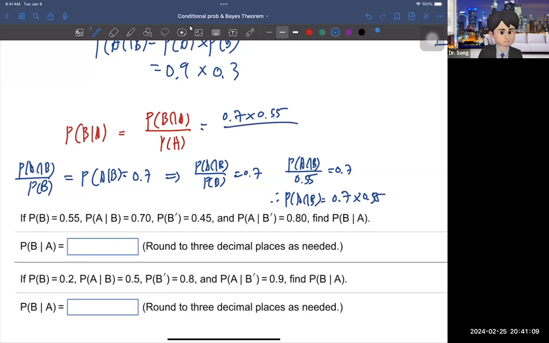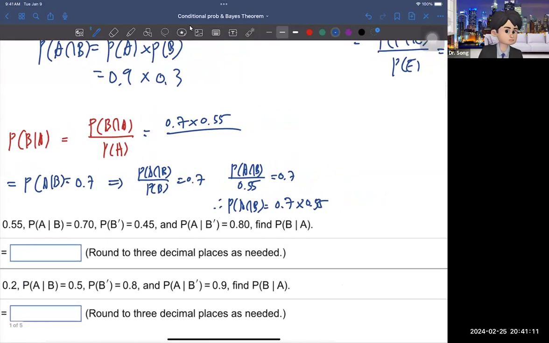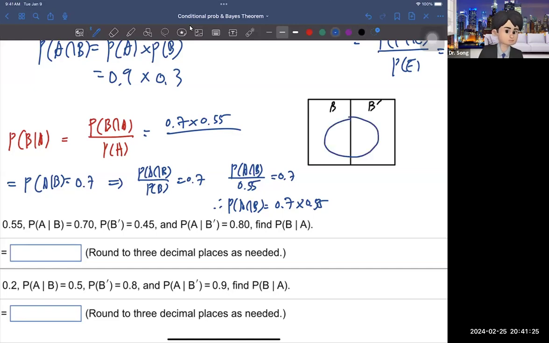How about the denominator? Well, here, I can visualize a situation with a Venn diagram. So the left box is B, and the right box is B complement. And inside of this B, we can have this A. Okay.